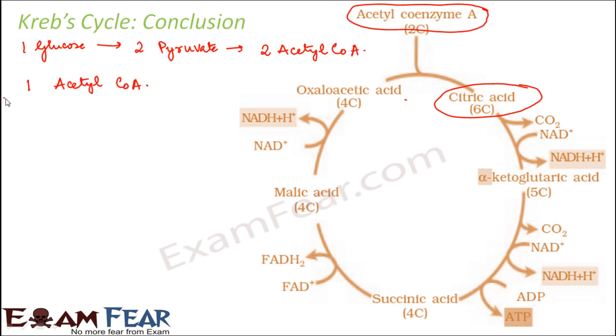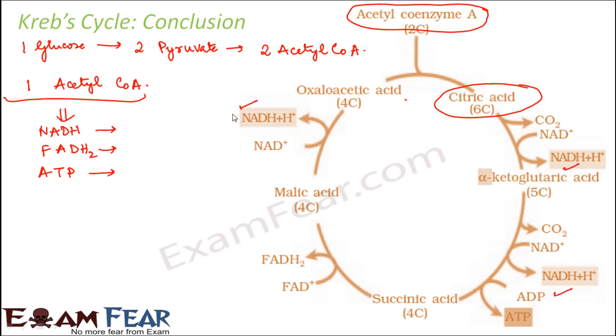So if 1 acetyl coenzyme A goes through the Krebs cycle, how many NADH are formed, how many FADH2 are formed, and how many ATP are formed. So let us have a look at that. If you talk about 1 acetyl coenzyme A, where all NADH is formed, 1, 2, and 3.